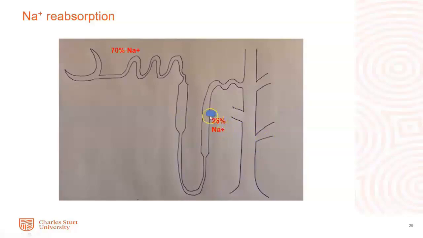And it's here where these loop diuretics that we're going to discuss work. As I mentioned, there is some sodium reabsorption in the distal convoluted tubule, and later on we'll talk about how the thiazide diuretics work here. And then in the collecting duct, about 1 to 2% of sodium, and this is where our aldosterone antagonists work, which are also called potassium-sparing diuretics. So we'll talk about those later too.